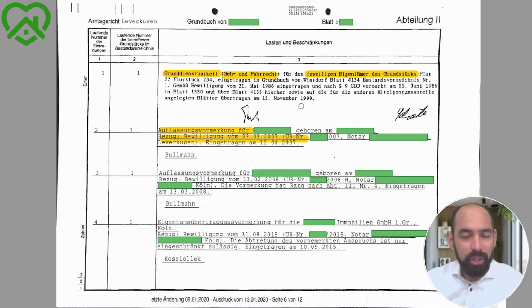So I can't sue anybody for walking on my plot as long as he's the owner of that plot, or he owns a share of that plot, right? This is mentioned here. There are other rights of others which may be entered here.